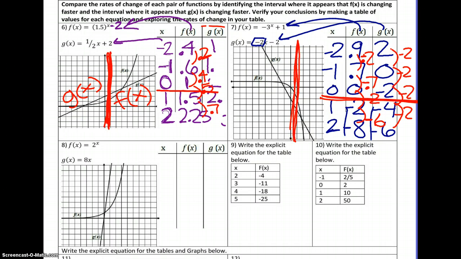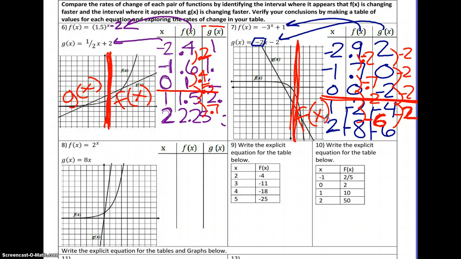So if we are looking at these numbers, do you see that there's a 6 compared to a 2? So if we're looking at the numbers bigger than 1, on this side of the graph, notice that f of x, or the curved line, has a bigger rate of change.